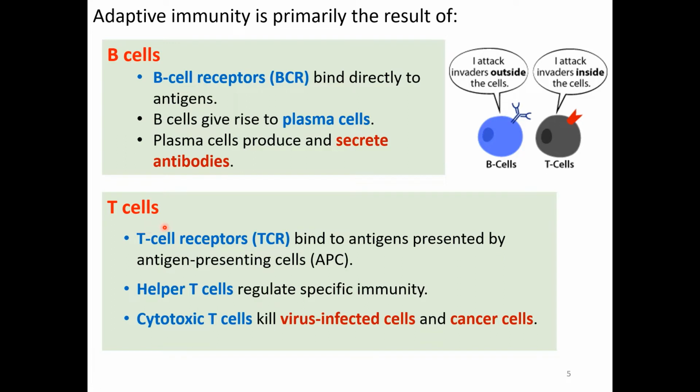Meanwhile, the T cell receptor will bind to antigen presented by the antigen presenting cells, we call it APC. Later, helper T cells will regulate specific immunity and the cytotoxic T cells kill virus-infected cells and cancer cells.